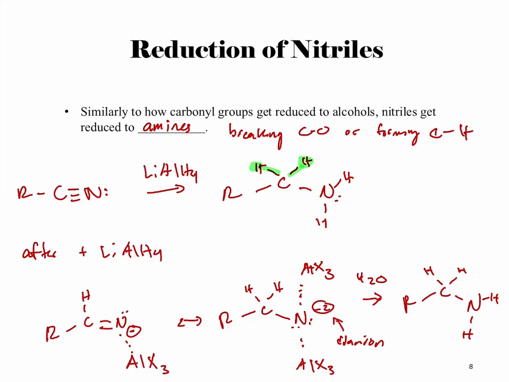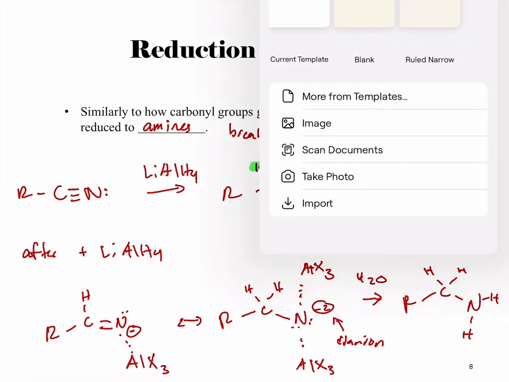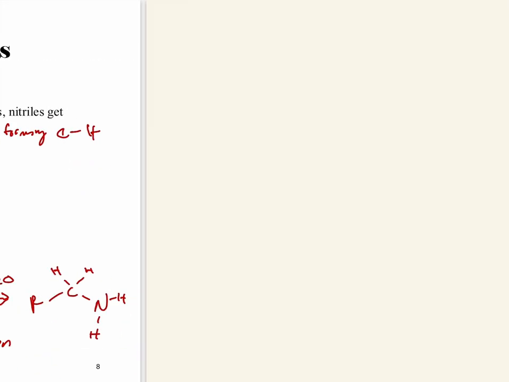And just in case we've forgotten, the mechanism for the nucleophilic addition of hydride, right? If we have a strong reducing agent like lithium plus and aluminum hydride, we know that this is going to be very negatively charged here. We'll use the example of a nitrile, but the nitrile carbon is the same as if we have a carbonyl group.